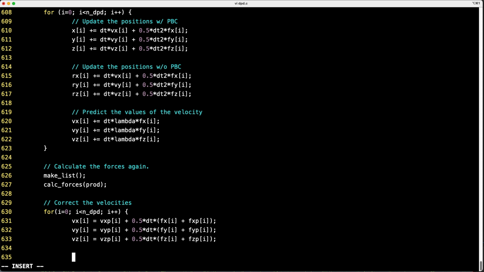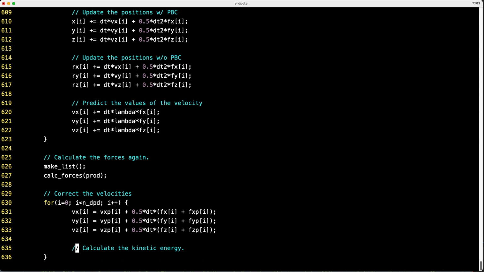And you know what? The last thing is to calculate the kinetic energy. This is a natural place to do it because right here, the kinetic and potential energies were initialized to 0. So when we exit this function, we've got the value of the potential energy. Now that we're down here and we're looking at the velocities, this is a great time to calculate the kinetic energy. So it makes a lot of sense to me to do it here. So the kinetic energy will be the kinetic energy plus 1/2 mv squared.